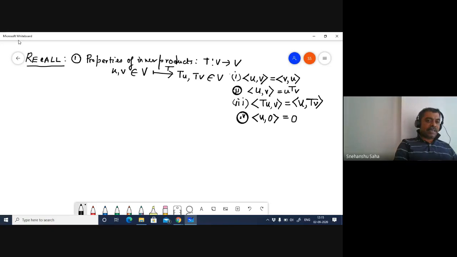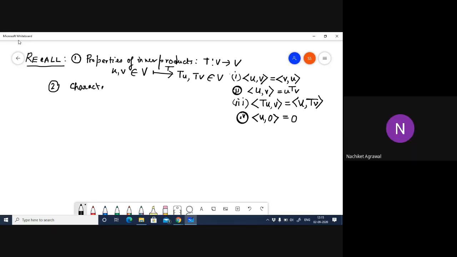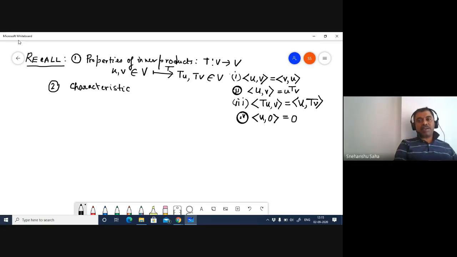So the second thing that we recall is property number 3, it will be TV or T transpose V. It will be T star, the complex conjugate, right?